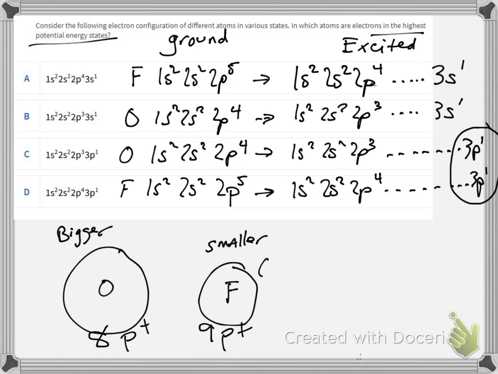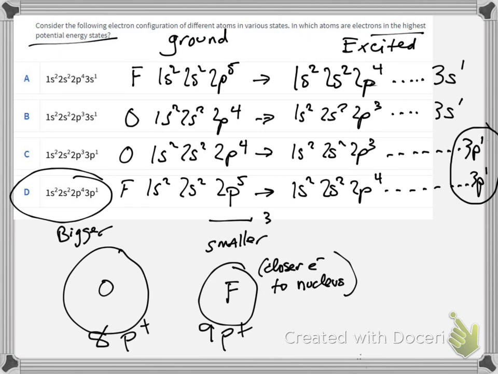So in this case, the electrons are closer to the nucleus with fluorine. The amount of energy required to promote an electron in fluorine up to the 3p1 would take more energy, would be at a higher potential energy than with oxygen. So it would take more energy for fluorine.